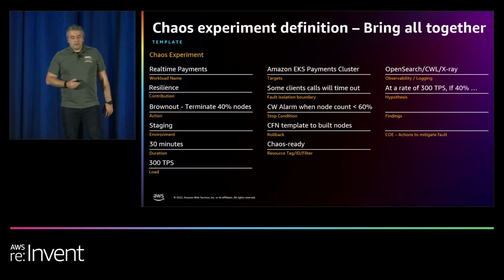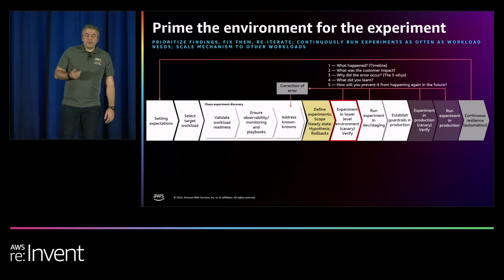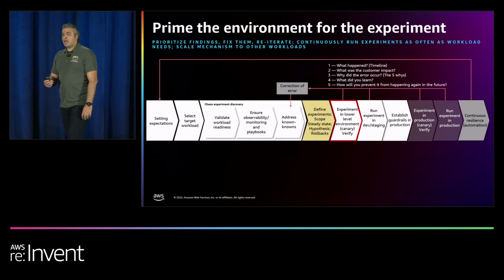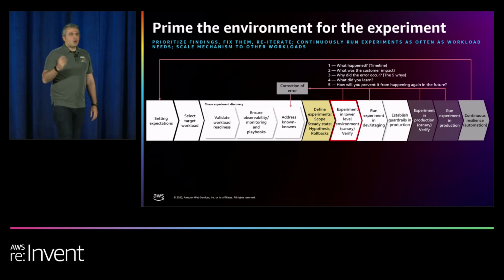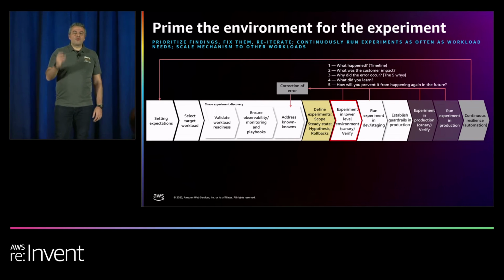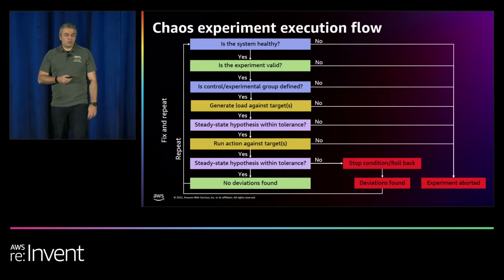So once we have the experiment ready, we're going to think about priming the environment for our experiment. But before we go there, I want to walk you through an entire cycle on how we execute an experiment.